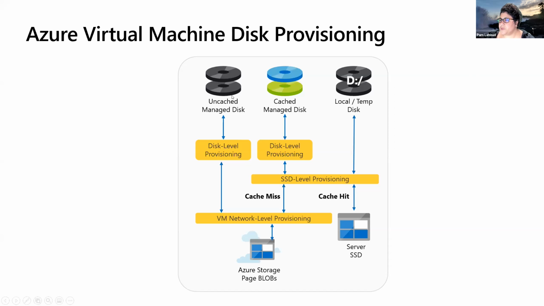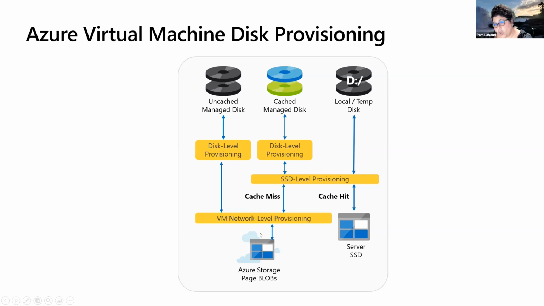This difference between cached and uncached has to do with whether or not you've enabled what's called host caching. We'll talk more about how host caching works in a moment. But essentially, if you don't have host caching turned on, then your managed disk goes through the network. So there's disk level provisioning, meaning the managed disk itself is capable of delivering some amount of IO and throughput.